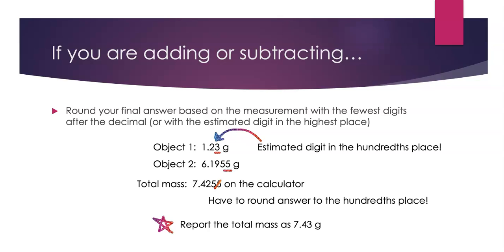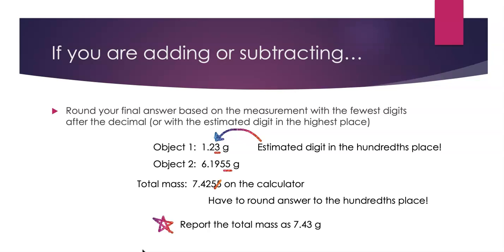We have to remember to do this when we're adding or subtracting. It's based on place. Students sometimes really don't like this rule, but it's what we need to do. We can't imply that the measurements had more precision and more significant figures after the decimal place than they really did. That wouldn't be truthful.